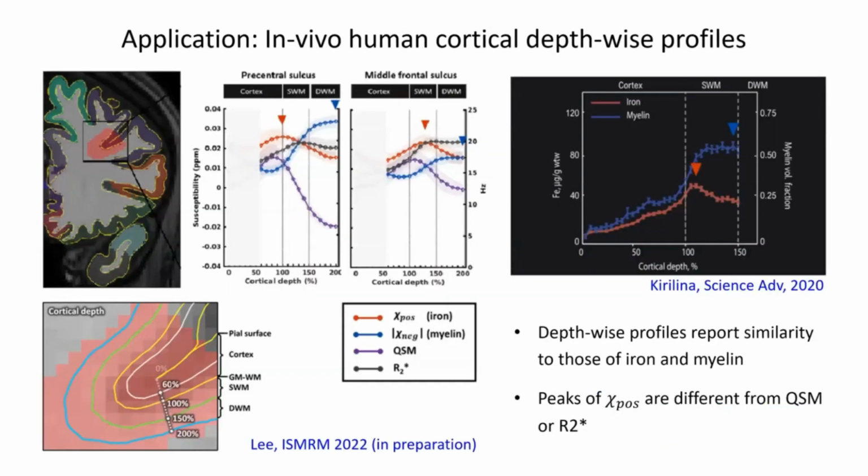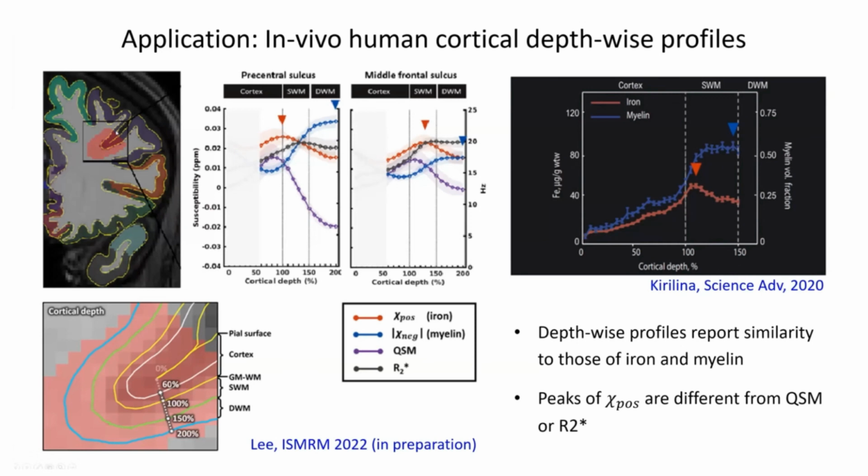And we went on for further application of the technique, and this particular study was excited by the result of Dr. Kirilina recently published in Science Advances, showing this profile of myelin as well as iron.